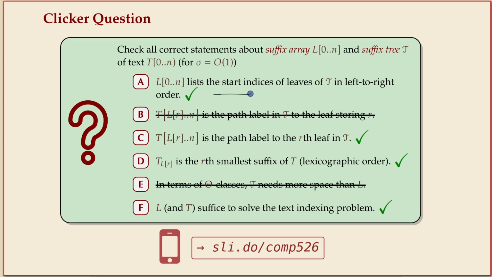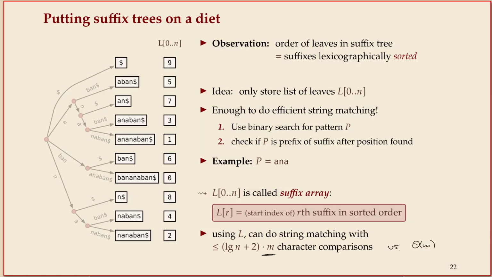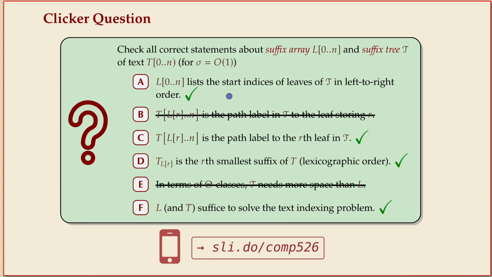First of all, L lists the start indices of the suffixes corresponding to the leaves in left to right order if we draw the tree in the normal way, where smaller goes to the left and larger goes to the right for each child. In my upside down world here, you have to kind of tilt your head to the left. Otherwise, this is correct.